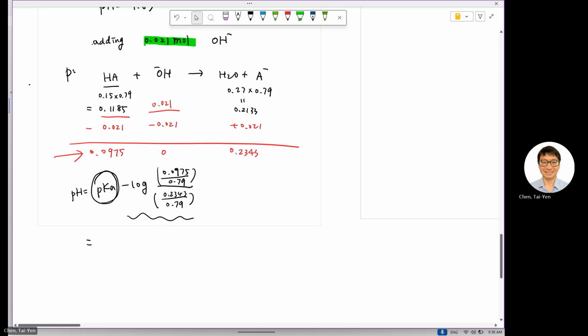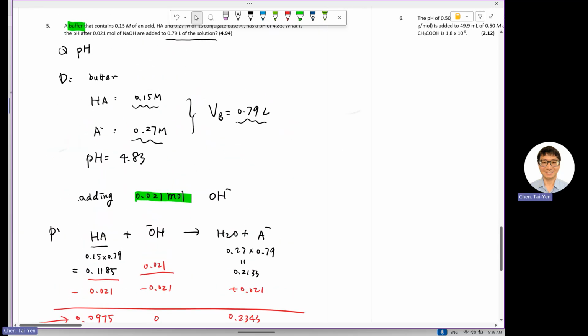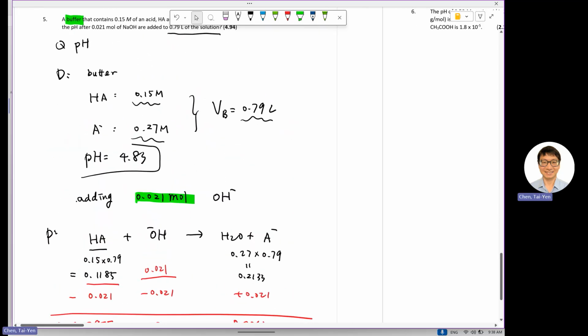However, if you look at the question again, it tells you that for the original buffer, you have a specific pH. You know the pH equals pKa minus log of your acid 0.15 over your base 0.27.